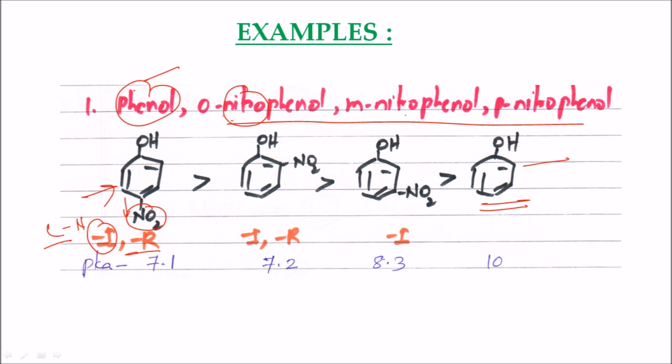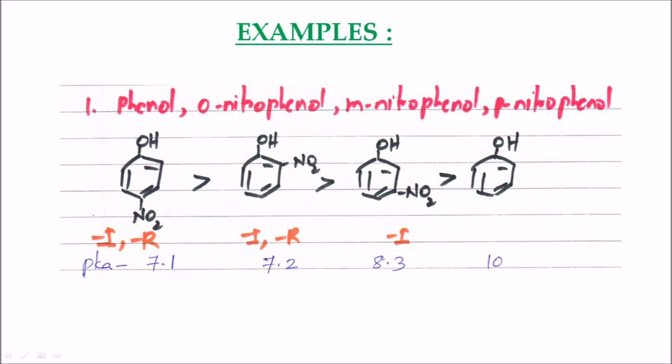So in para-nitrophenol, the 2 electron displacement effects are -I and -R, okay? Both are withdrawing in nature, so it makes the phenoxide ion most stable.